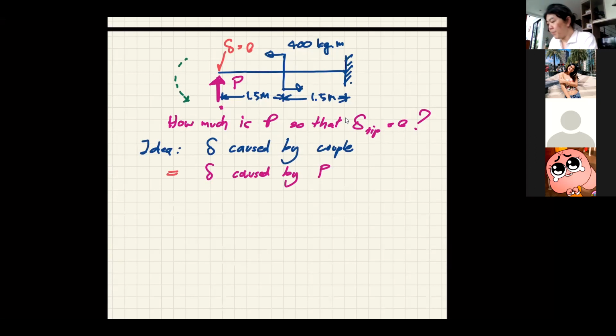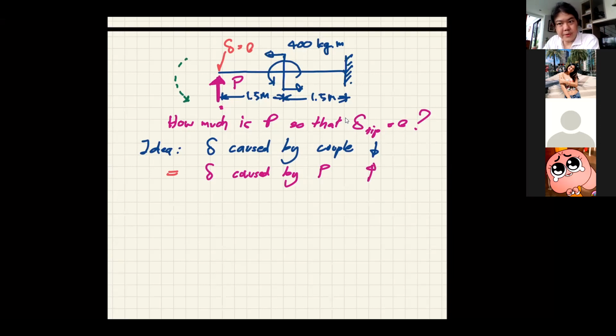Because the couple would bring the beam down, because it's this moment in this direction, right? So your beam will come down. So it's a downward displacement at the tip that this couple is causing. But when you look at the load P, the load P is clearly pushing up. So the load P is causing the upward deflection.